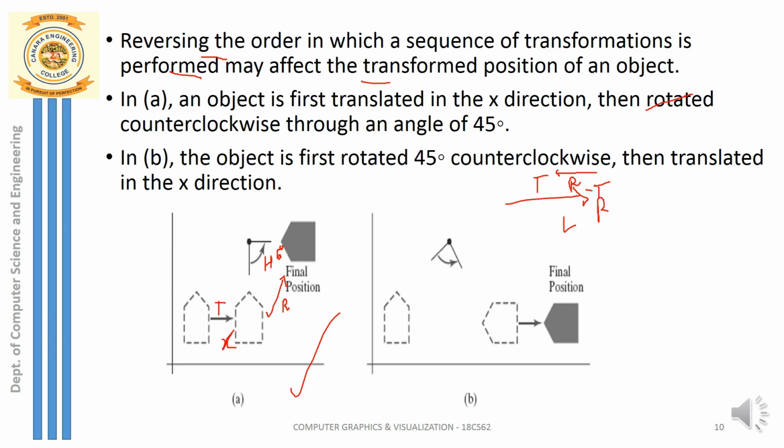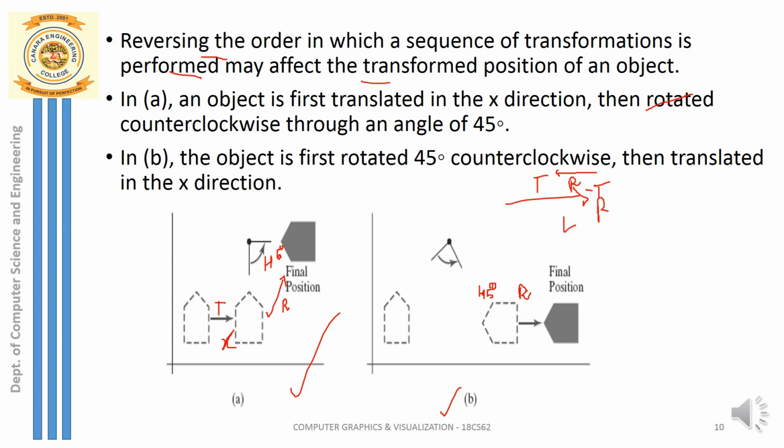And now you see this figure, the object is first rotated in the anti-clockwise direction, and what is that? It's 45 degrees. Here the rotation is performed first, and the angle of rotation is 45 degrees. After you perform this anti-clockwise rotation, next you translate in the x direction.